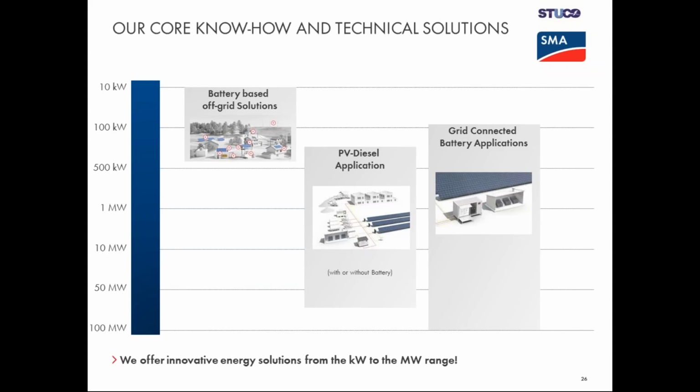This was something briefly mentioned by my colleague Vibke, but we see, for instance, in those systems with relatively small PV capacity, typically in off-grid applications, you can have a high penetration with a relatively small PV system.